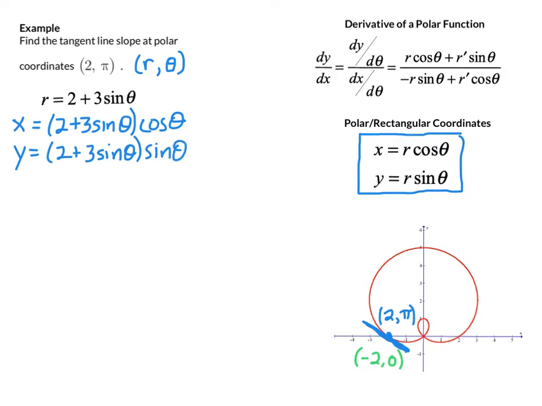So there we have r cosine theta for x, r sine theta for y. That means x is equal to 2 cosine theta plus 3 sine theta cosine theta, and y is equal to 2 sine theta plus 3 sine squared theta.